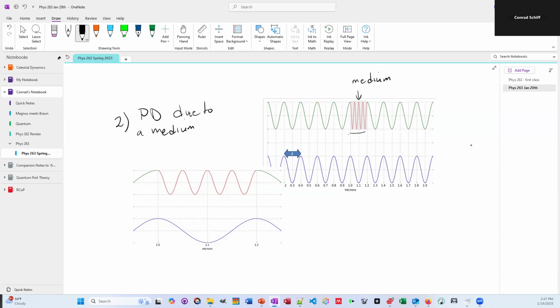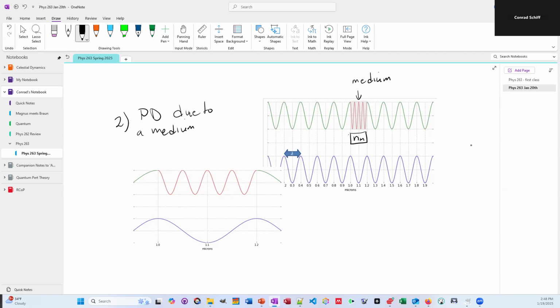So you can think of this as some kind of slab of glass or oil or something, but the green wave comes into the medium and it slows down, which means that, and we'll see this down below, its wavelengths bunch up and it comes back out.